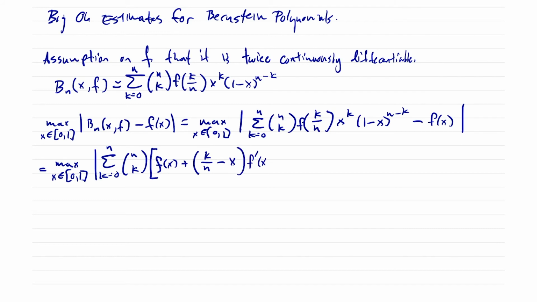times f prime of x plus f double prime of xi for some xi, and this depends on x, divided by 2 factorial, and then times k over n minus x squared, and this is times x to the k times 1 minus x to the n minus k minus f of x.